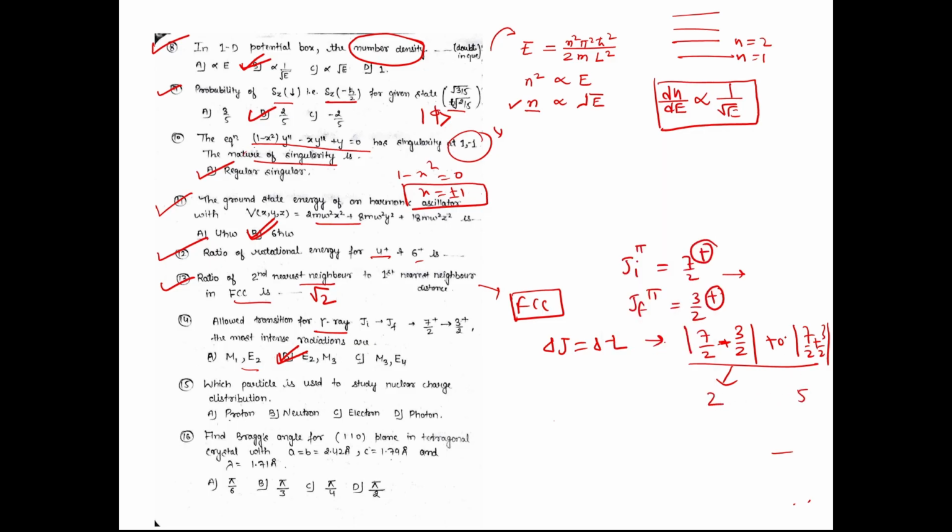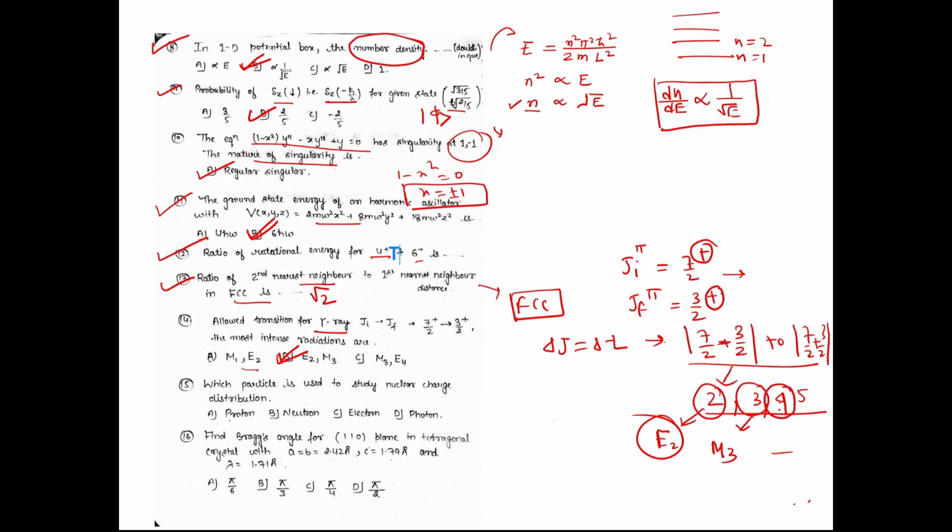So the total values are, I think, 4: 2, then 3, then 4. Okay, 2, 3, 4. For the 2 case, no change in parity, it gives the electric pole. For the 3 case, no change in parity, it gives M3, magnetic pole.